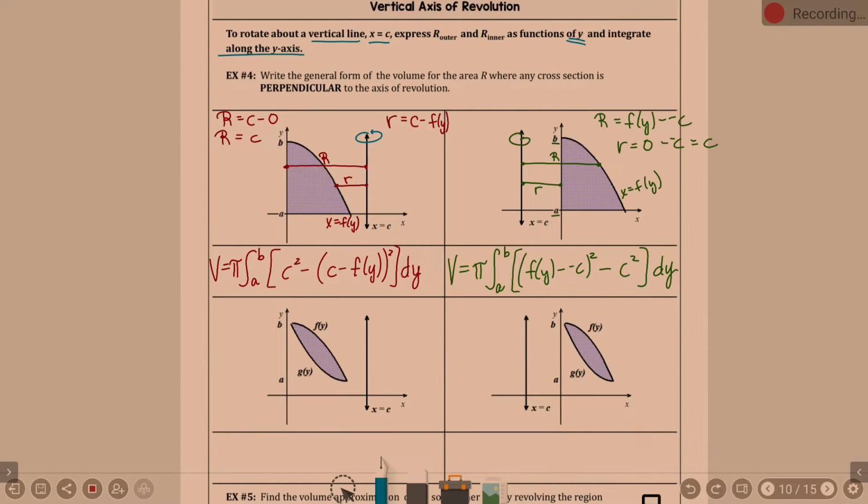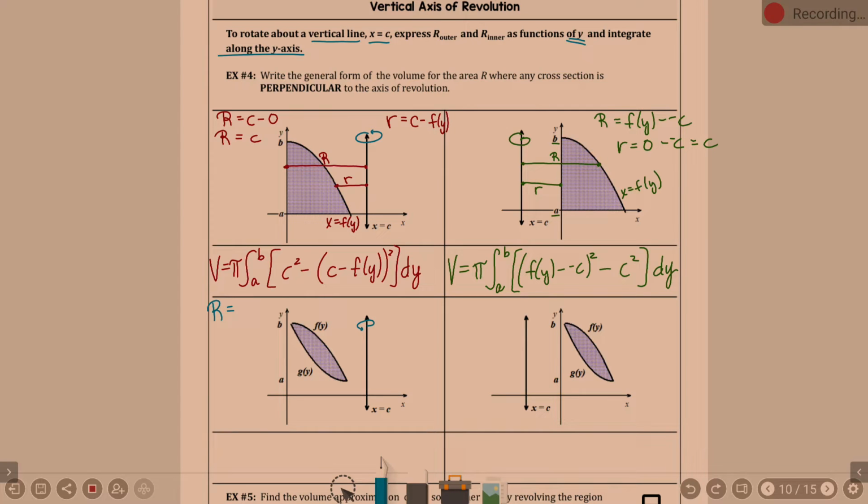This one could be interesting. I have a feeling I should have shifted everything up, but too late now. Okay, what do you guys got on the next one? There's our c we're rotating around. We need to talk about big R and little r.